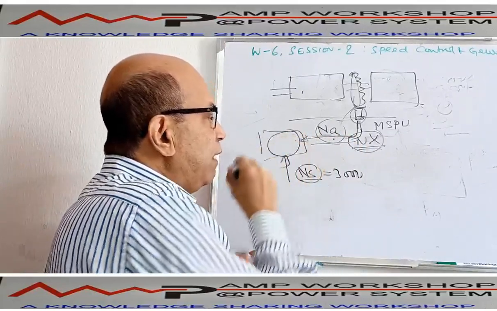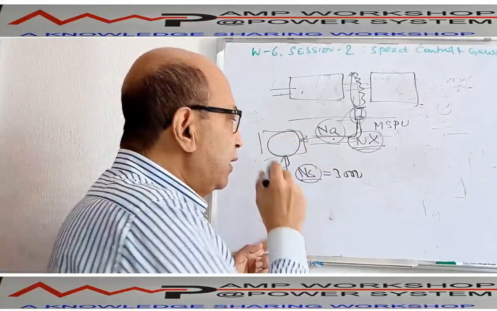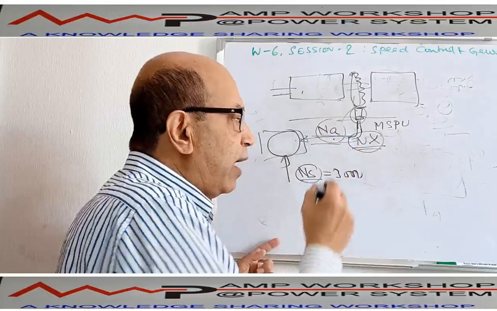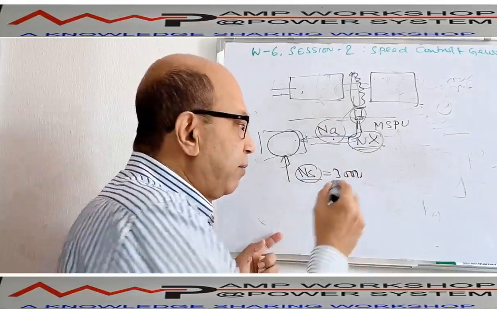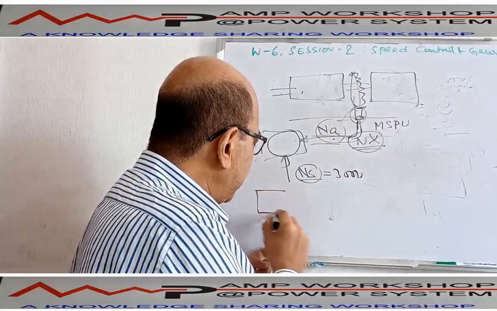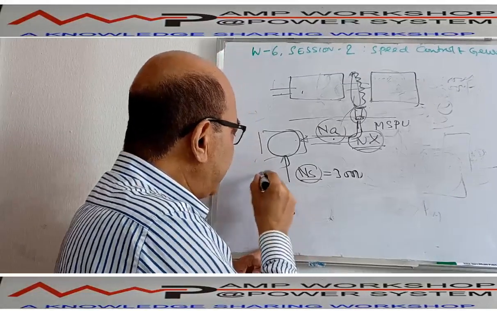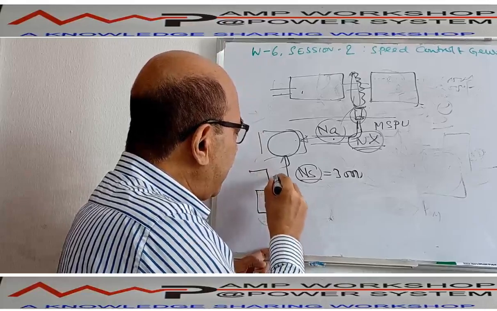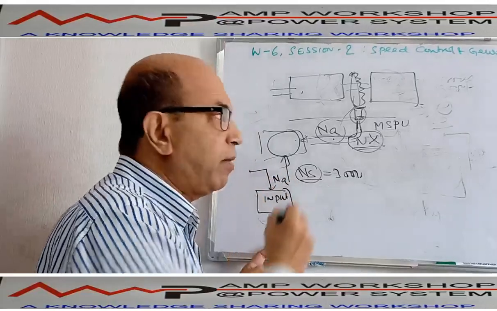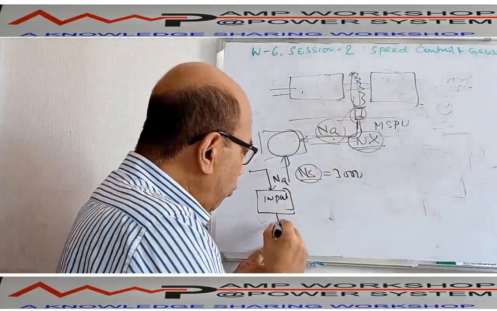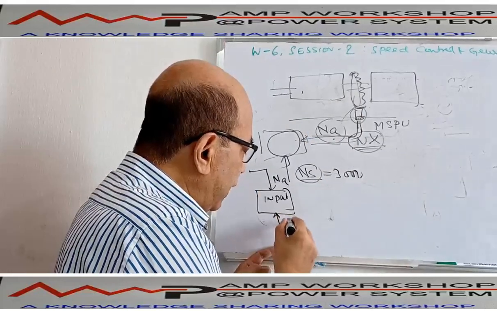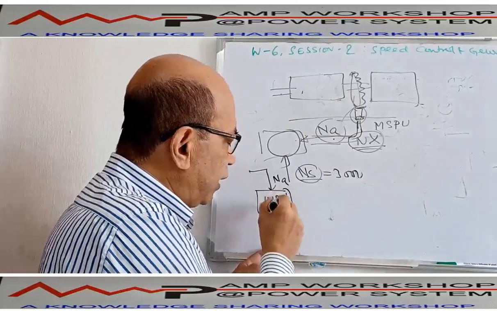So this is an input device. The input device compares these two and produces an error signal. In the input device, the actual signal, NA, the actual speed, is coming from the magnetic pickup, and the reference signal, NS, the set speed, is already input over here.